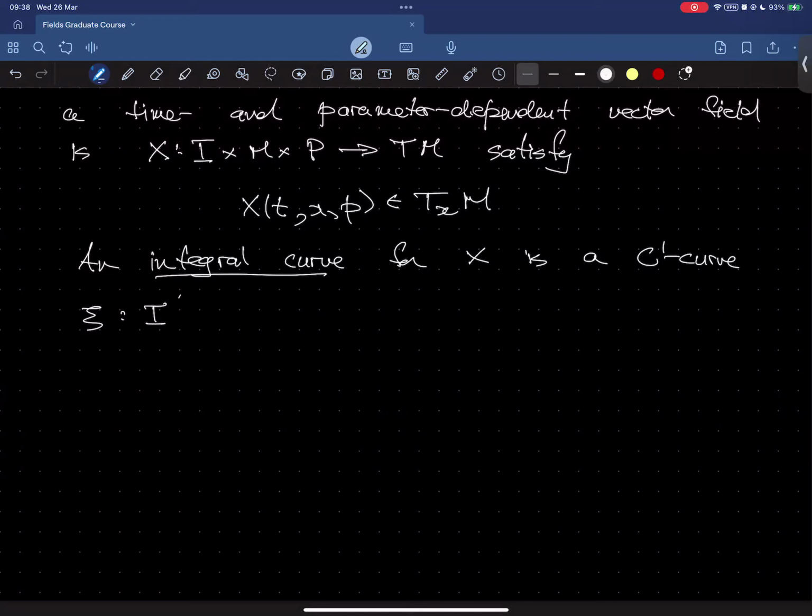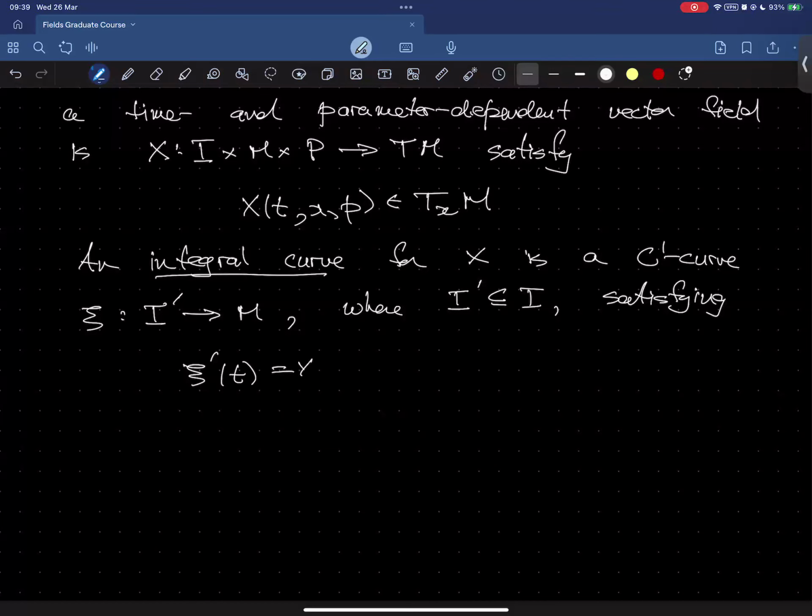It's going to be defined on some subinterval, I prime, let's say, and of course it satisfies the expected formula. So that's what an integral curve of a time and parameter dependent vector field is.